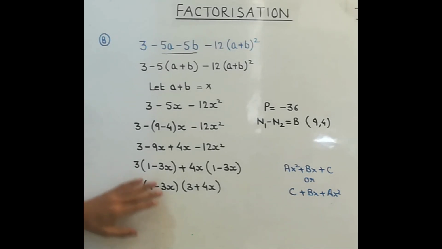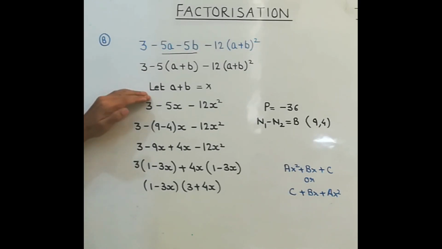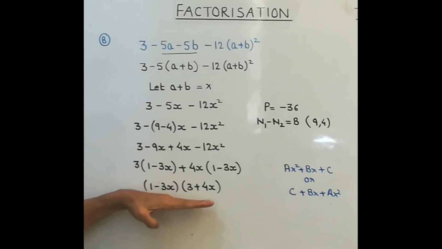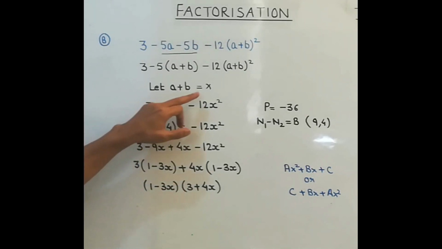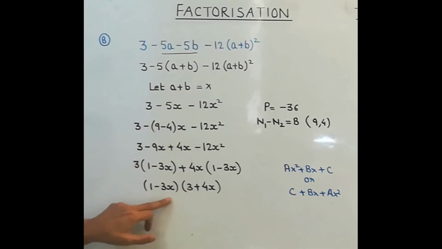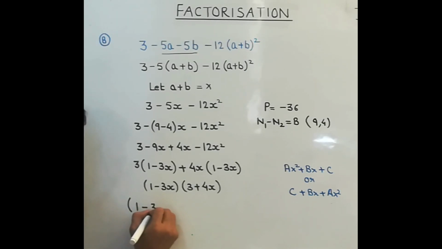Now question was in terms of a and b, we converted it into terms of x and factorized it and got the result in terms of x. Now here you have to resubstitute the values. Now x will be replaced by a plus b both. So see here, it's 1 minus 3 times within the bracket you are going to put x as a plus b.